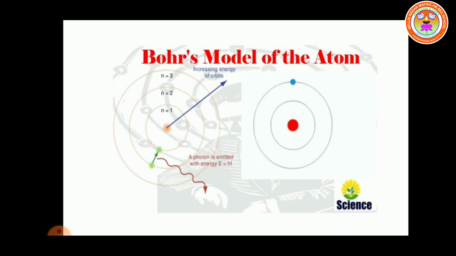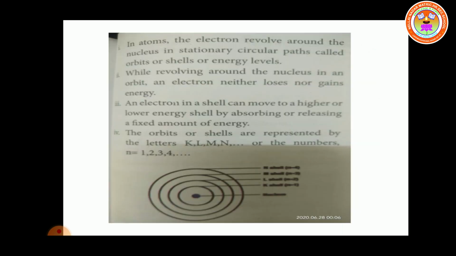So, students, I hope you understood the important postulates of Bohr's atomic model. One time I repeat. According to Bohr's model, in atoms, the electron revolves around the nucleus in stationary circular paths called orbits or shells or energy levels. While revolving around the nucleus in an orbit, an electron neither loses nor gains energy.